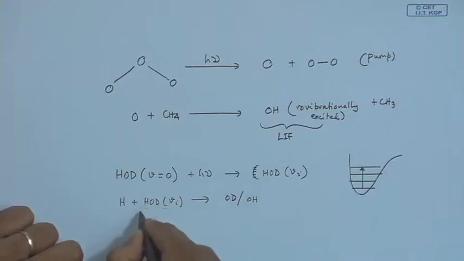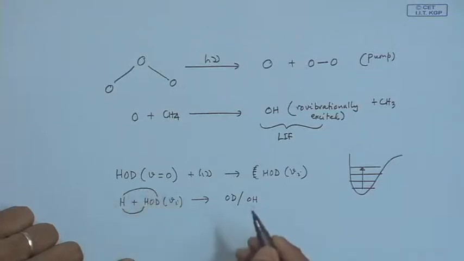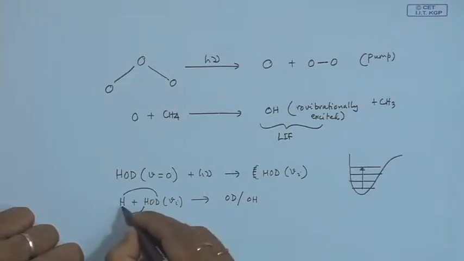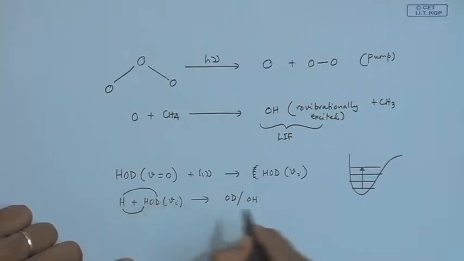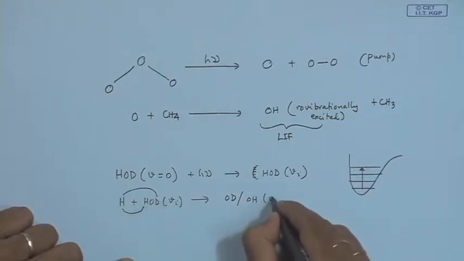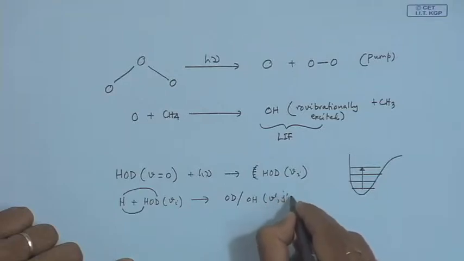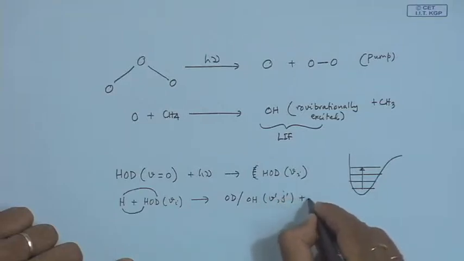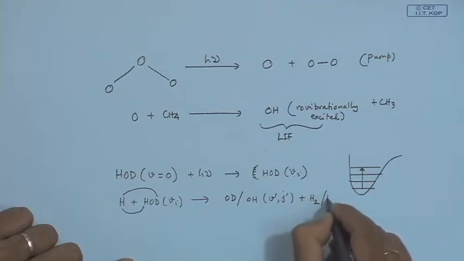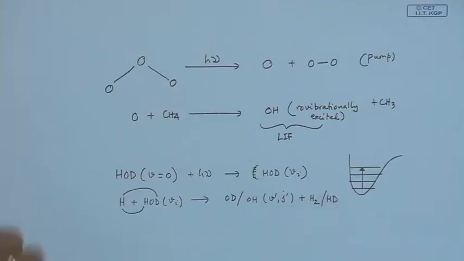Either this reaction will take place or that one. If one happens it will generate OH, and if the other happens it will generate OD, along with v prime J prime plus H2 or HD.